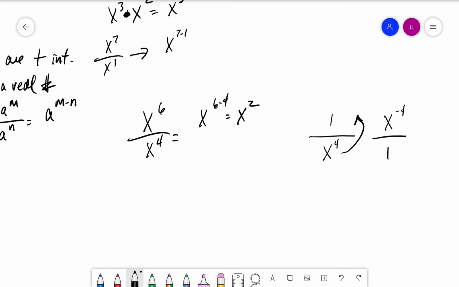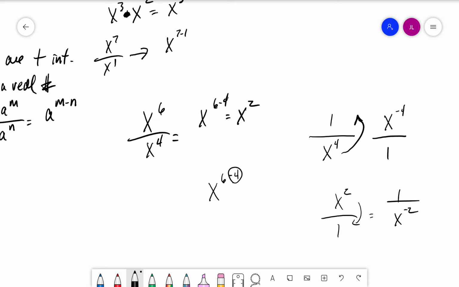So x to the 6th over x to the 4th is the same as x to the 6th times x to the negative 4th, and the exponent is 6 minus 4. Same thing happens if we have x squared over 1. We bring it down here, 1 over x to the negative 2 power. This is a little trick we use, and we'll talk about this in the next section with negative exponents.